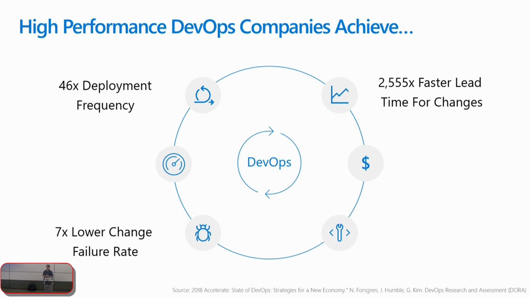A whole lot faster lead time for changes, meaning if you've got a change that you have to make, whether that's a bug or maybe just a new feature, with really good DevOps practices you can get those out really, really fast. And then a whole lot faster mean time to recovery when something does go bump in the night.